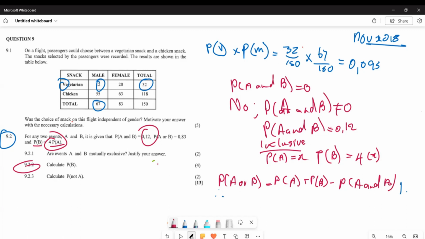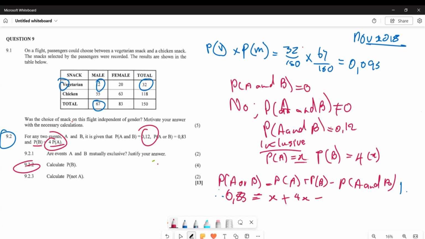Now you just substitute. Do you have the probability of A or B? Yes, it is 0.83. You plug it in. Do you have the probability of A? Absolutely. The probability of A is given by X. Plus the probability of B, which is 4X.